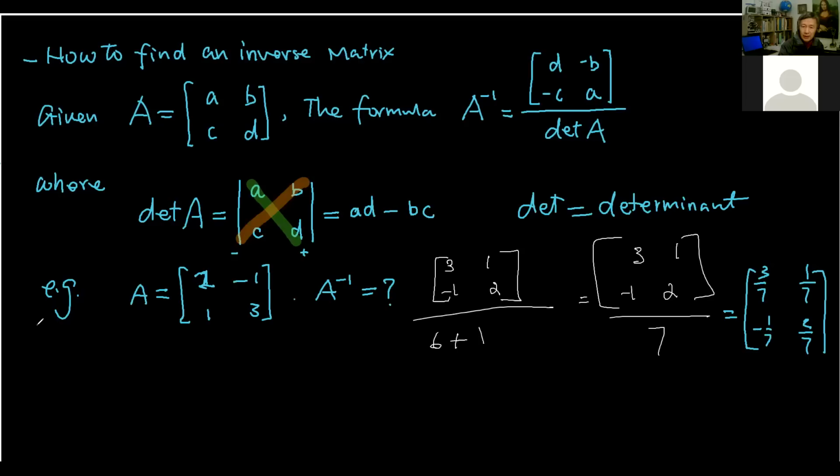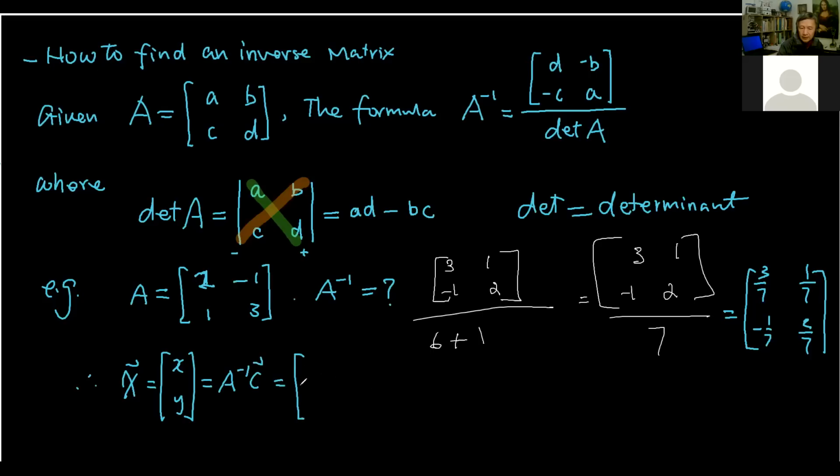So basically, what is x? X and y are equal to A inverse times the C vector, right? And we got this here.